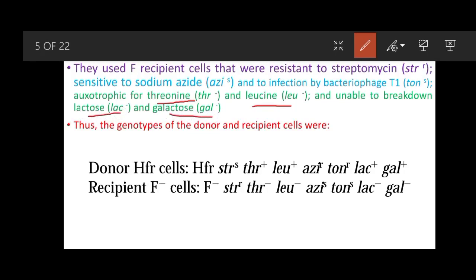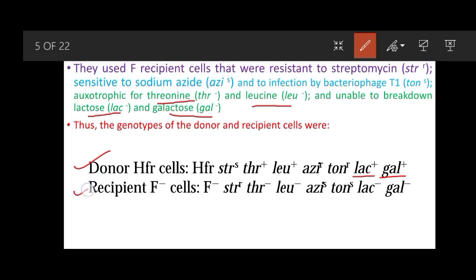Thus the genotypes of the donor and recipient cells were as follows. The donor cell genotype is strS, thr+, leu+, sodium azide resistant, bacteriophage T1 resistant, lactose and galactose prototrophic.